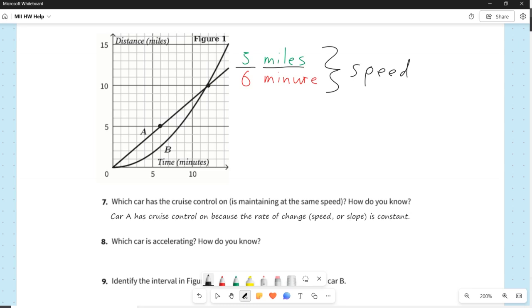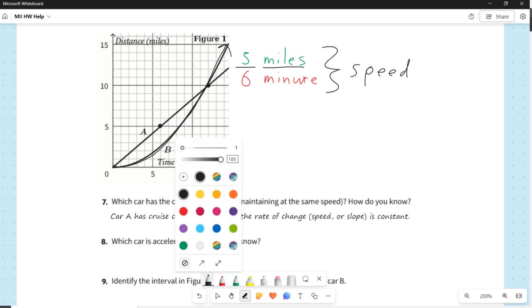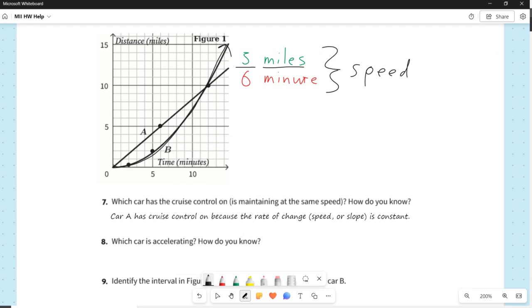the graph here, as we're told, it's a parabola, and so the rate of change, in this case the speed, is not constant. If you were to take the slope from say here to here, you're going to get a very different slope compared to here to say there, right?